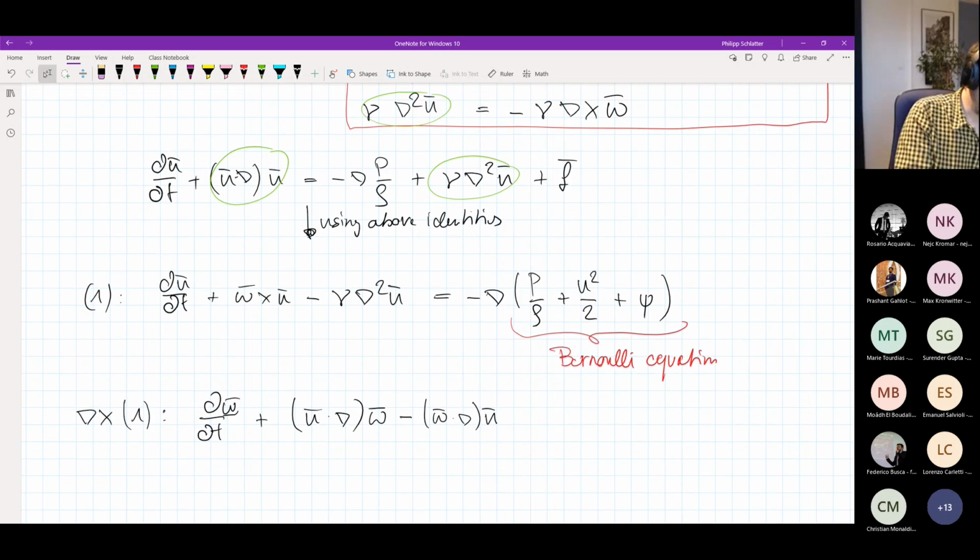So this one was then the second term, and then when I do the multiplication with the curl for the viscous term, we get minus nu times nabla squared of the vorticity. And then on the right hand side, we will have nabla cross nabla of whatever is in these brackets.